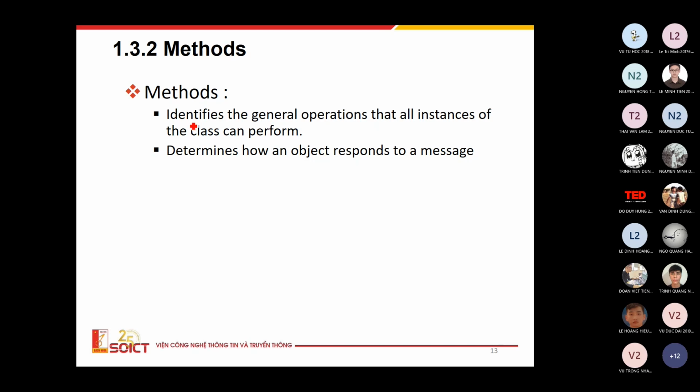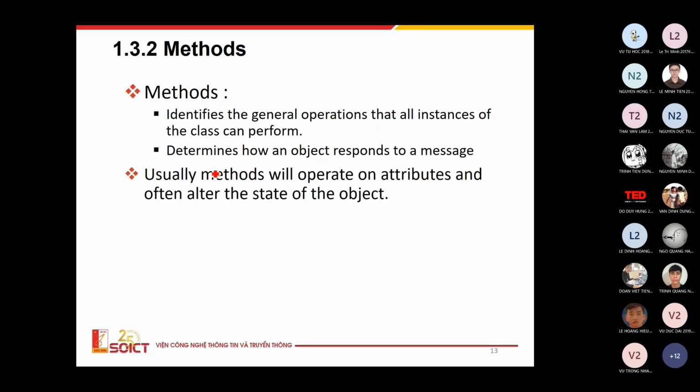The method will identify the general operations that all instances of the class can perform, and it determines how an object responds to a message. And usually the method will operate on attributes and often change the state of the object.